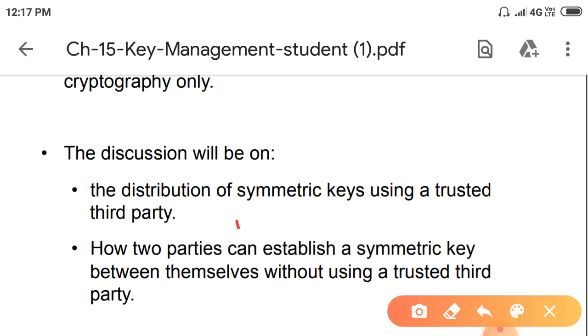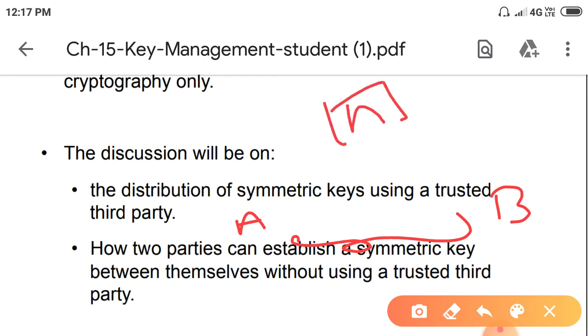A and B want to communicate with each other using symmetric cryptography. This trusted third party distributes the keys among A and B.